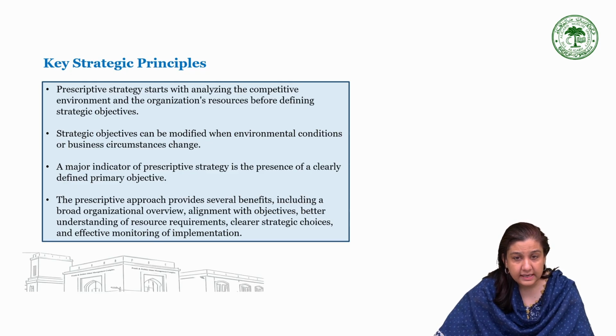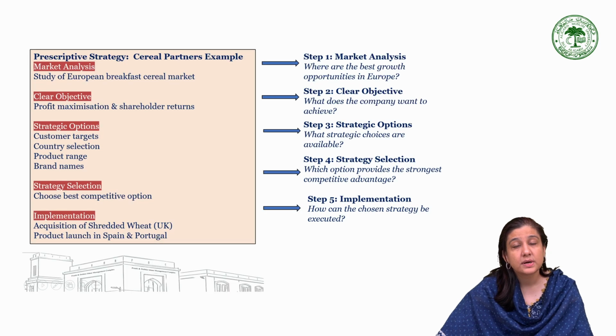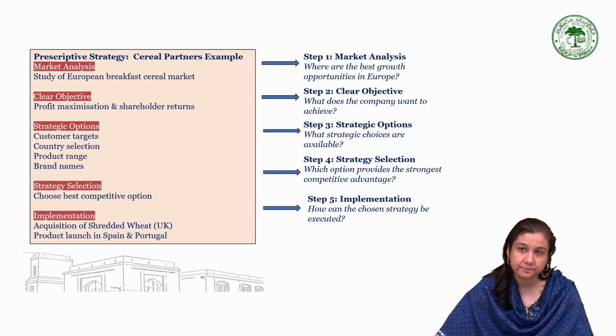An important characteristic of the prescriptive approach is the existence of a clearly defined primary objective, as this objective guides decision making throughout the organization. To understand the process practically, let us examine the example of Cereal Partners.